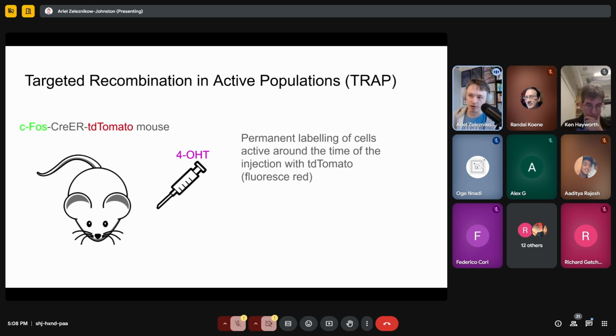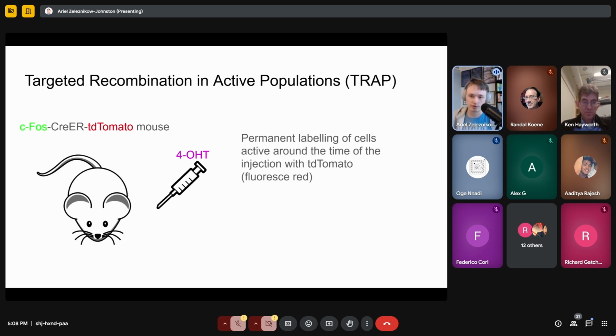So basically, any of those cells that are active and have CFOS expression, while also occurring at the time they're getting this 4-OHT injection, will have a recombination event which leads to TD tomato expression.